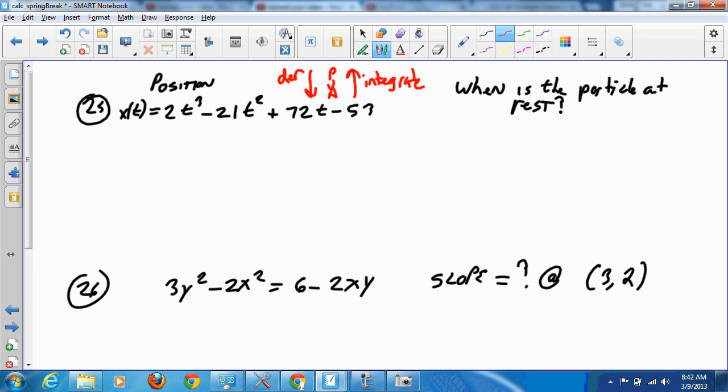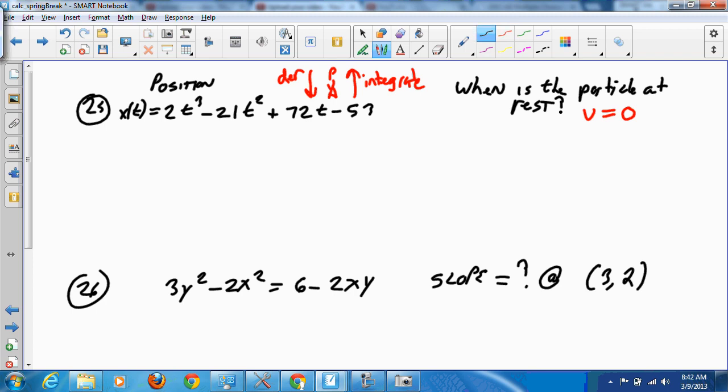Alright, they're asking us, when is the particle at rest? When something's at rest, it has a velocity equal to 0. So we're just going to take this derivative and set it equal to 0 and see what we get. Let me give you a little hint on this one.